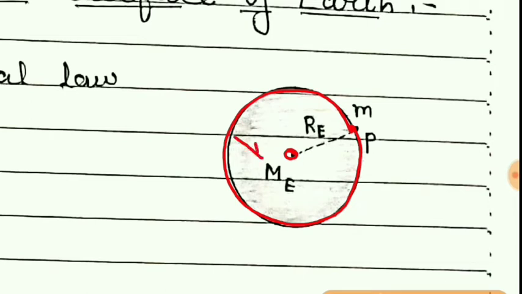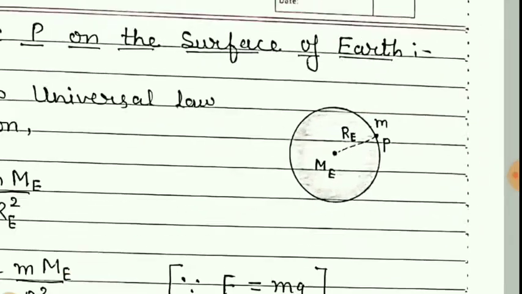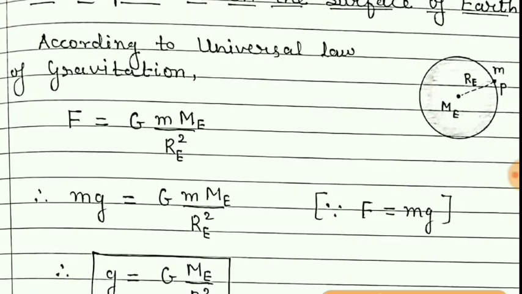So one mass is mass of the earth, other is m, and distance between them is Re. So applying universal law of gravitation, we can write force F is equal to G m Me upon Re square.